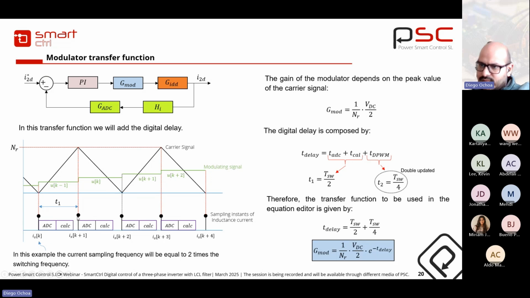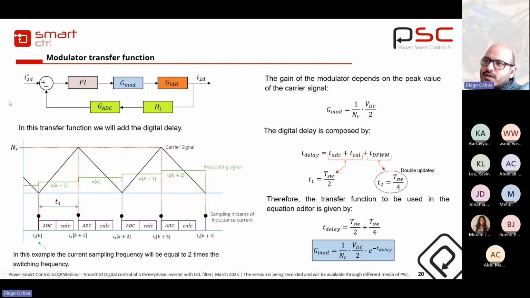So this is the sample k, then k plus one sample, etc. We also assume that between the samples we have enough time to make the ADC conversion and also the calculation of the different equations of the PI, the park transformation, etc.